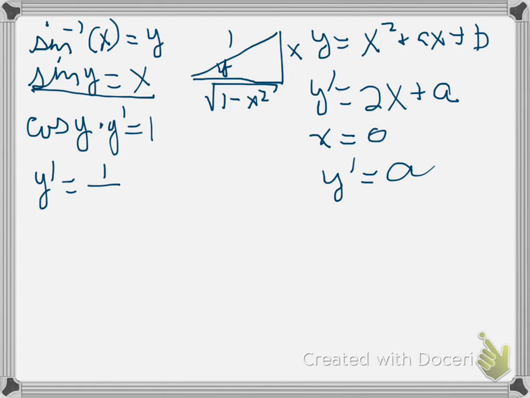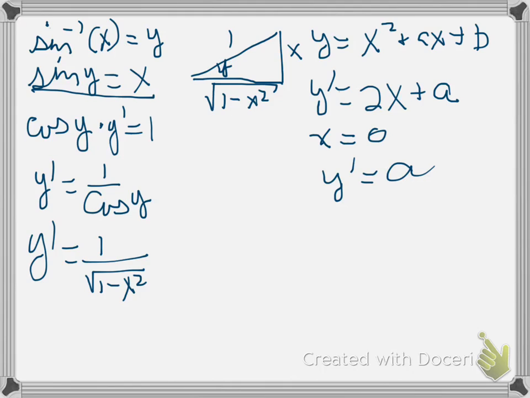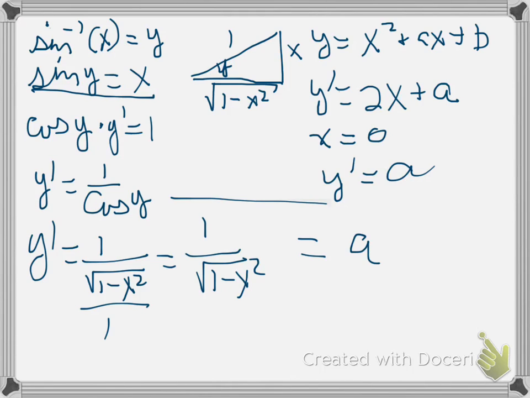So y prime here is equal to 1 over the cosine of y. So y prime is going to equal 1 over adjacent over the hypotenuse, which is 1, so that's 1 over the square root of 1 minus x squared. And over here, I have y prime equals a.